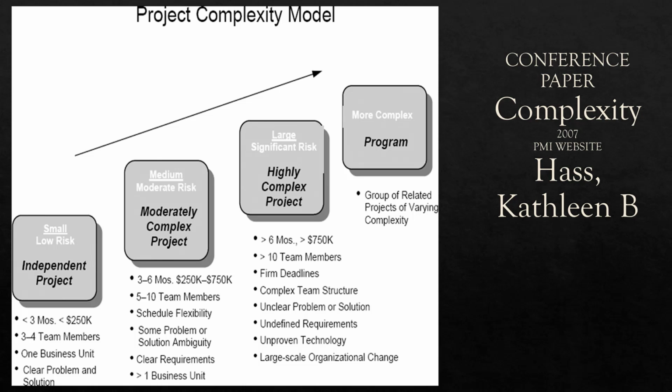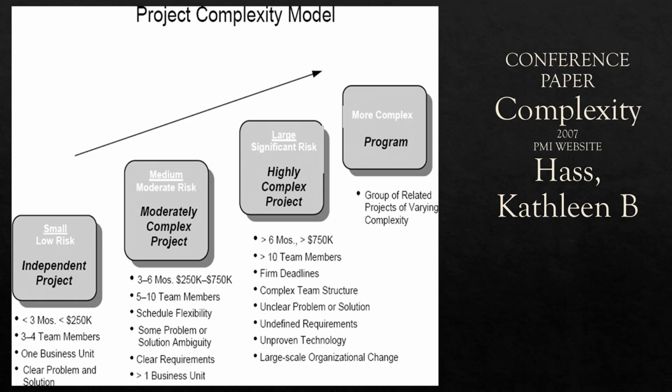And this is another model I have downloaded from the PMI website. It is a paper by Hess and Kathleen, and this is more, I would say, specific. It is defined in more specific terms.